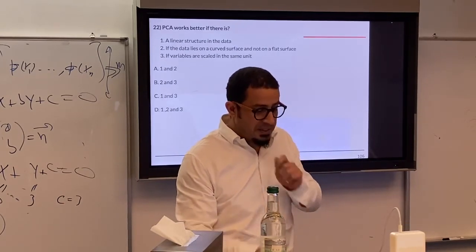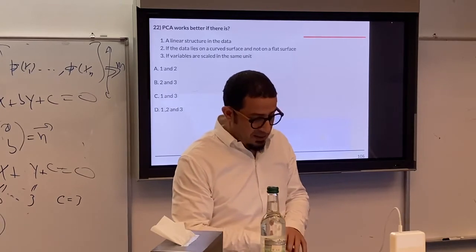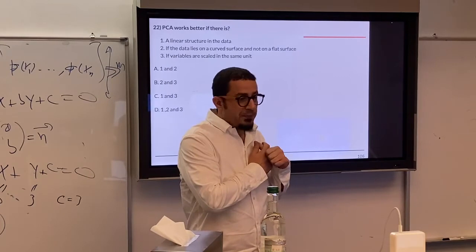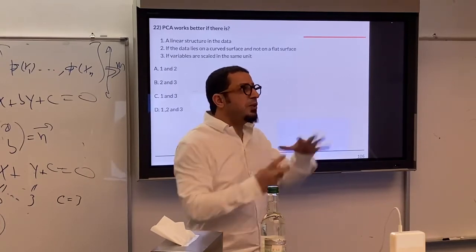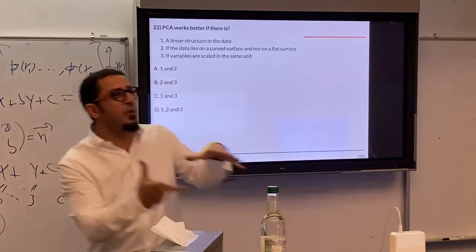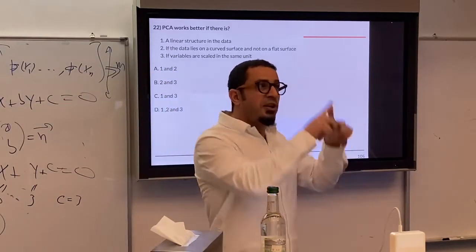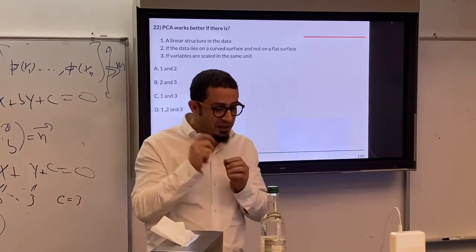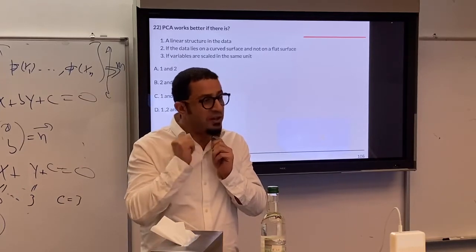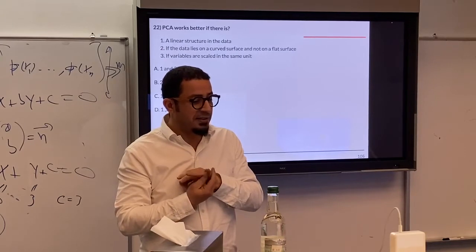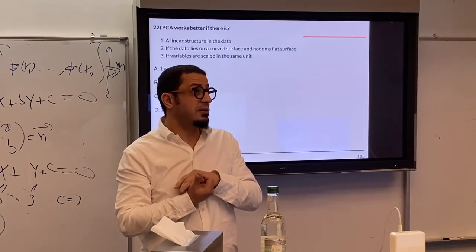PCA works better if there are linear structures. Yes or no? Means the data is going like this, a linear shape. Circular, it is not. If the data lies on a curved surface and not on a flat surface. If the variables are scaled in the same unit.